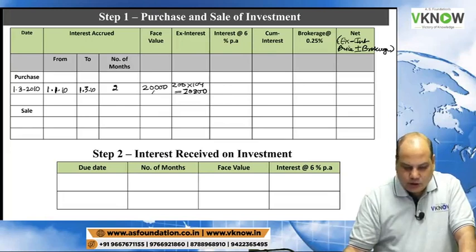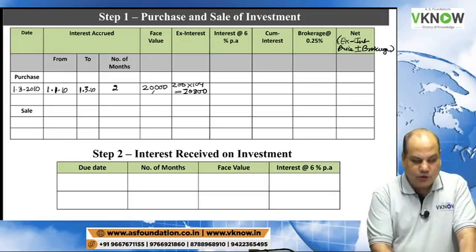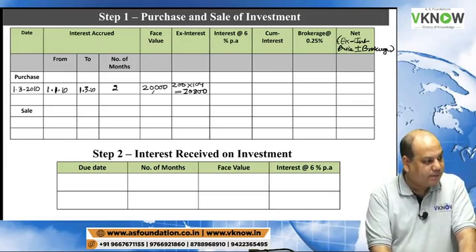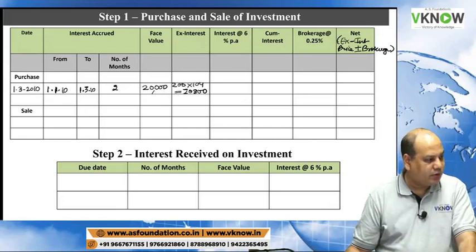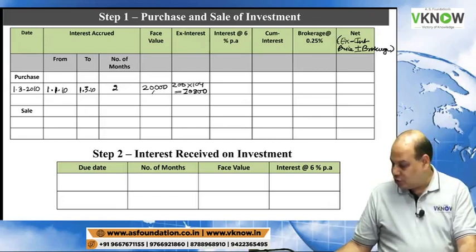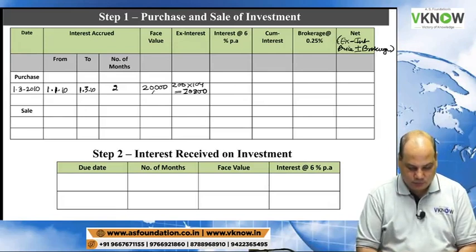Take interest at the rate of 6% on 20,000. 20,000 into 6% into 6 by 12.